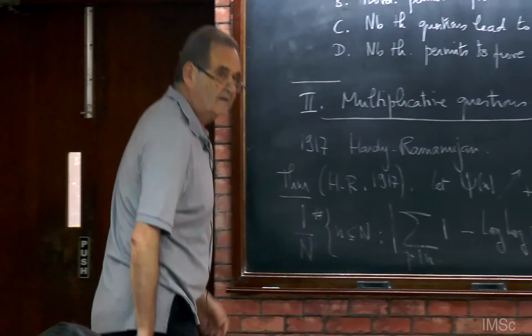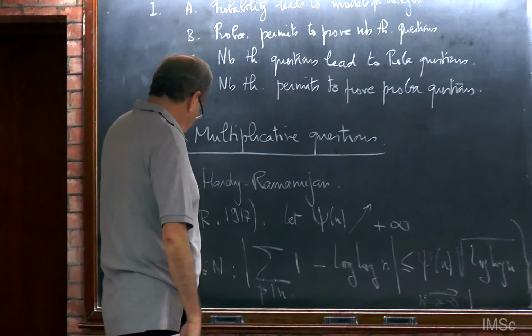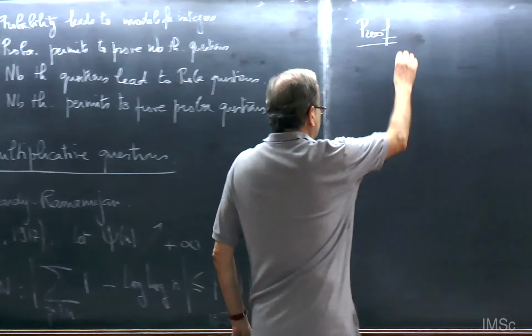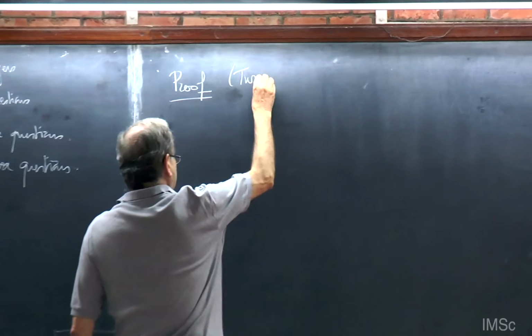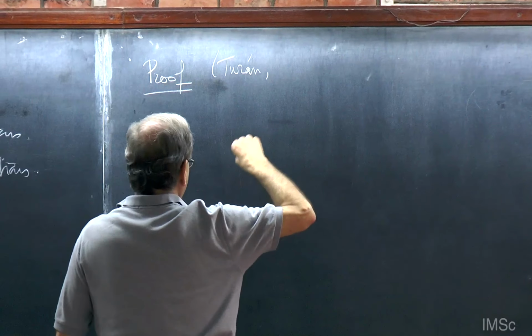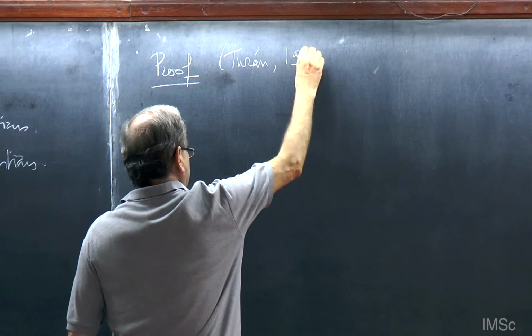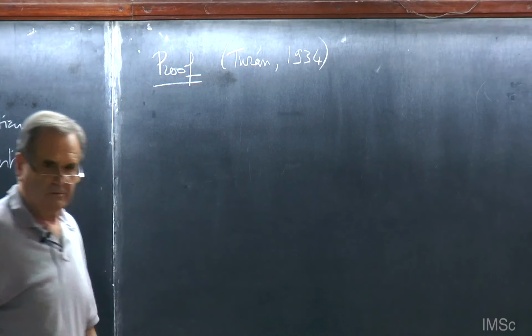So if k is equal to 1, it is the prime number theorem, and then they were building on that to say something about the number of integers up to n having exactly k prime factors. But the proof I am going to give is due to Turan, Paul Turan, a Hungarian mathematician, and his proof was given in 1934.